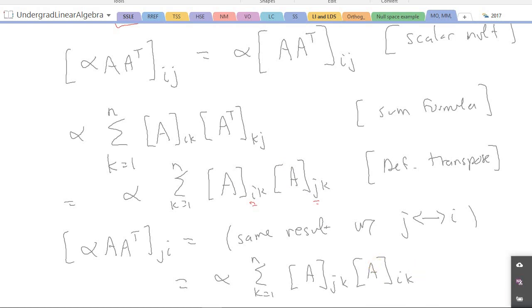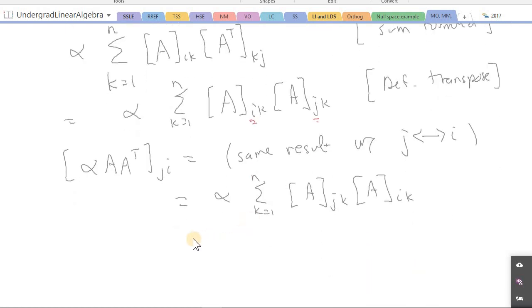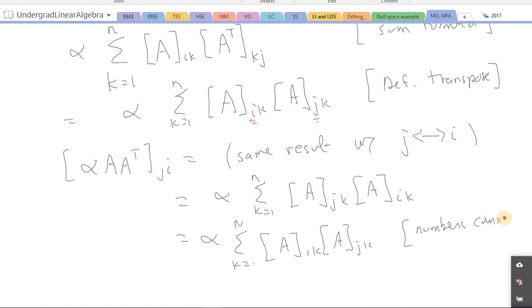So I could write that down here as alpha sum k equals 1 to n of A ik A jk, and the justification for this is that numbers commute. Okay. Now this is just equal to this result here. So that's equal to alpha A A transpose ij. And that's from above.